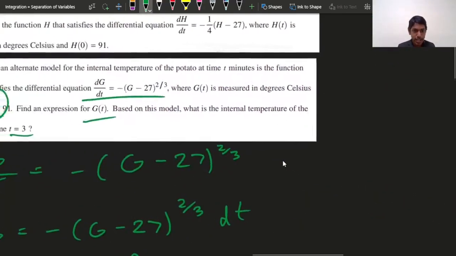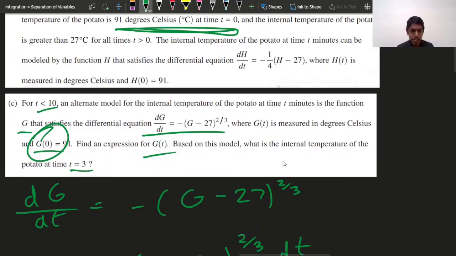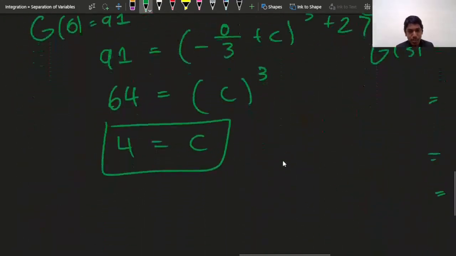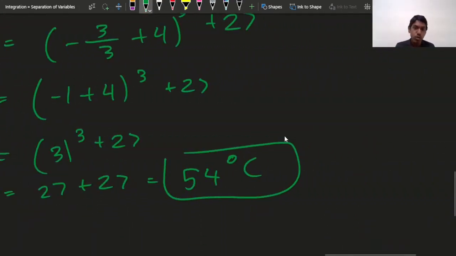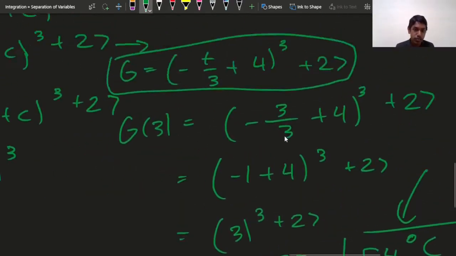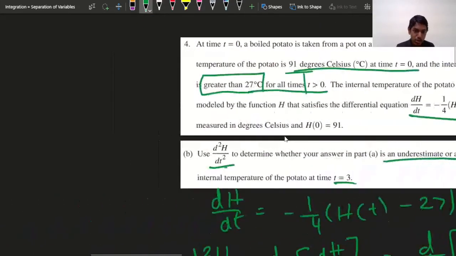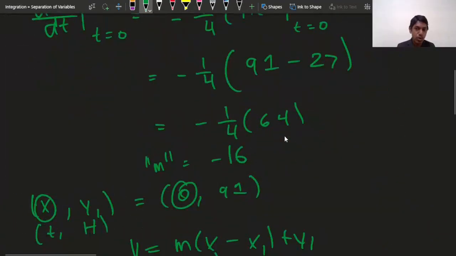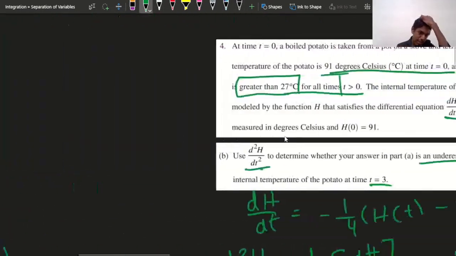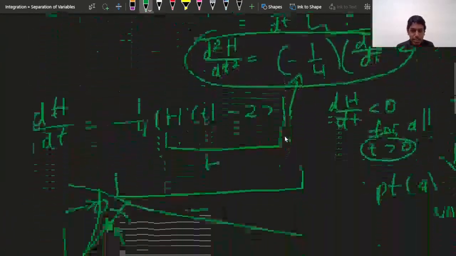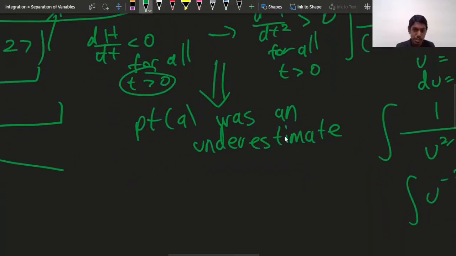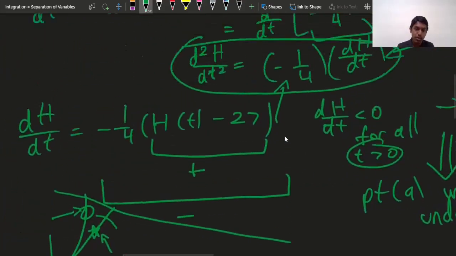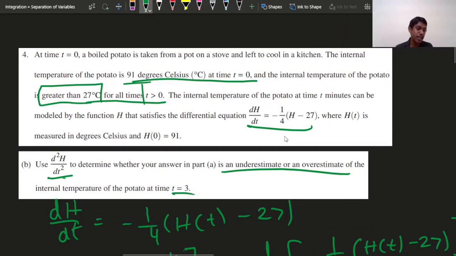Right, okay, and at this point, we're pretty much done. Now, one thing to keep in mind: we got a value at t equals 3, and in the earlier part over here, we estimated what it was at t equals 3. And there we said that it was going to be an underestimate. Something to keep in mind when you're doing these FRQs is that most of the time these parts are interconnected with each other.